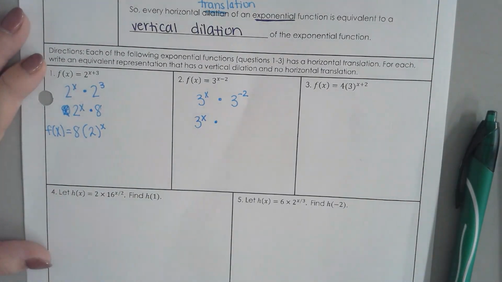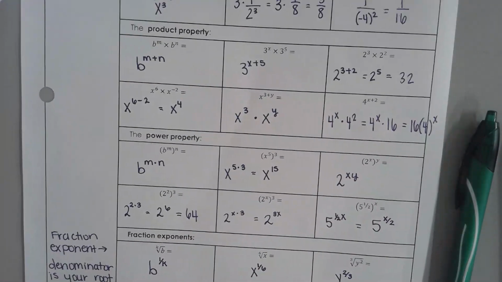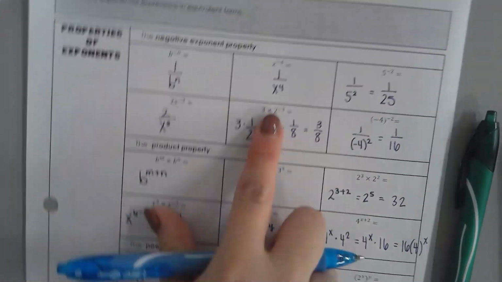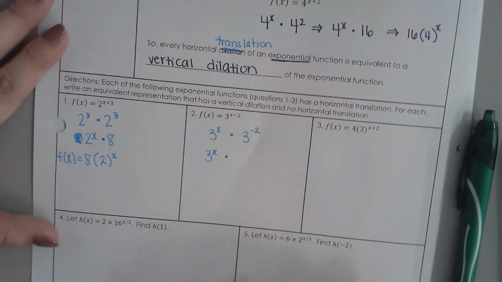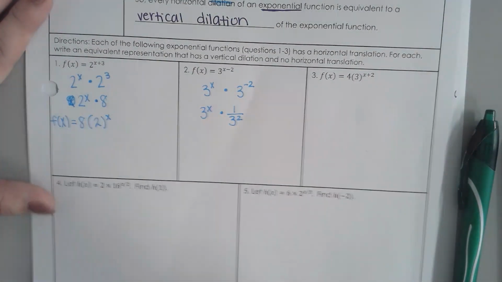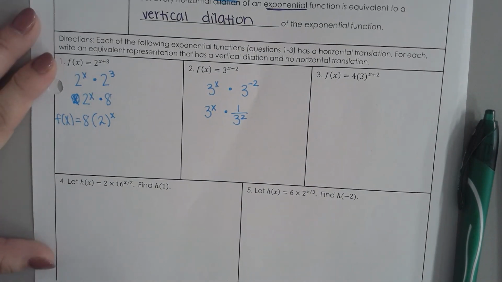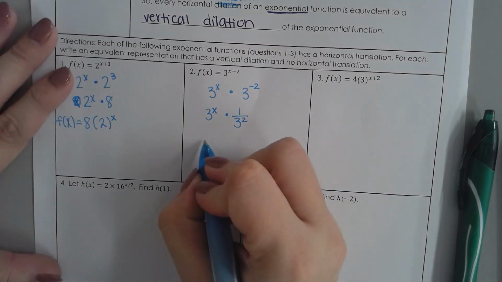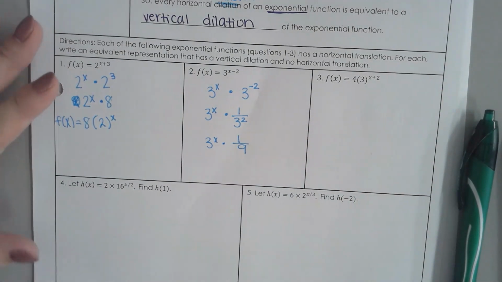What's 3 to the negative second? Yep. 1 over 3 squared, which is really 1 over 9.